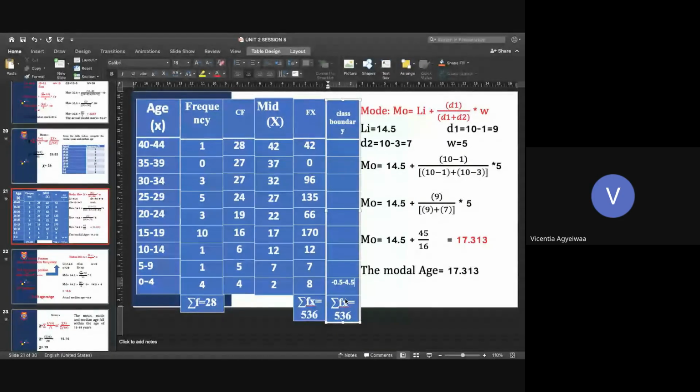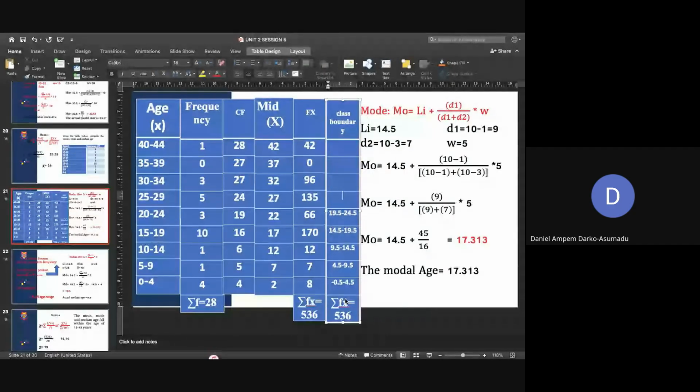Then 4.5 to 9.5. You agree? Then 9.5 to 14.5. This one will be 14.5 to 19.5. Then 19.5 to 24.5.